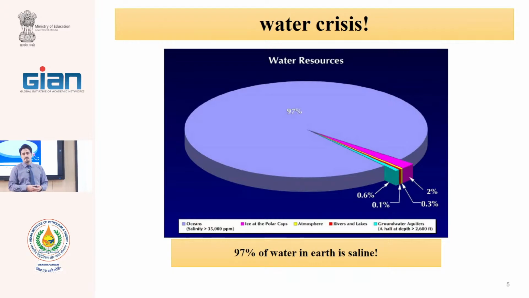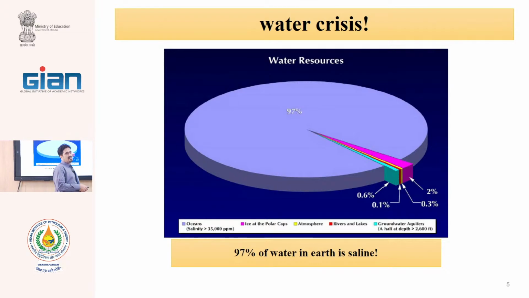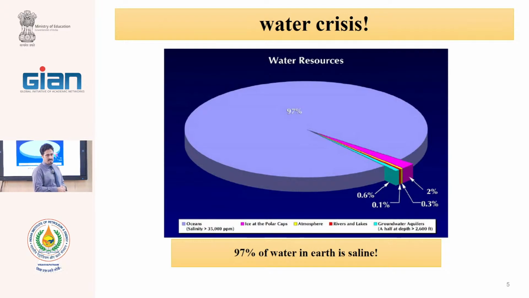About the water, we know that only 1% of the water in the world can be directly drunk. 97% of water on Earth is saline, because it is located in oceans and seas, and we cannot use it directly, and we must remove the salinity, remove the pollutants, and after that use it.